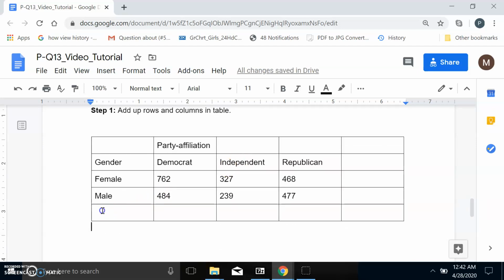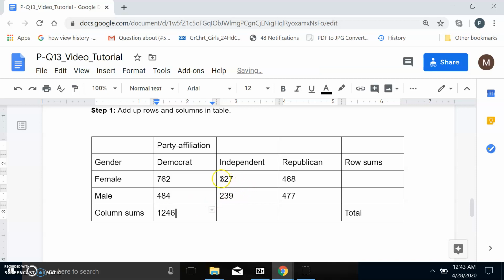Down here I'm going to write column sums, and over here I'm going to write row sums. And here I'm going to write total. I'll explain that in a second. To get the first column sum, I'm going to add these two together, the 762 with the 484, and you get 1246.